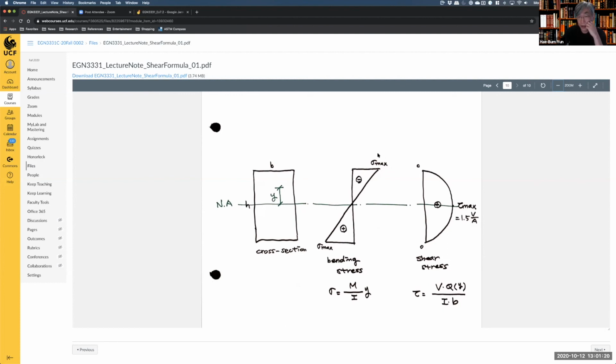We know that bending stress is largest at the top and bottom, and 0 at the middle, which is the neutral axis. But tau is maximum at the neutral axis and 0 at the top and bottom. The bending distribution is linear because it is a linear function of y. And the shear distribution is quadratic because Q is a quadratic function of y.